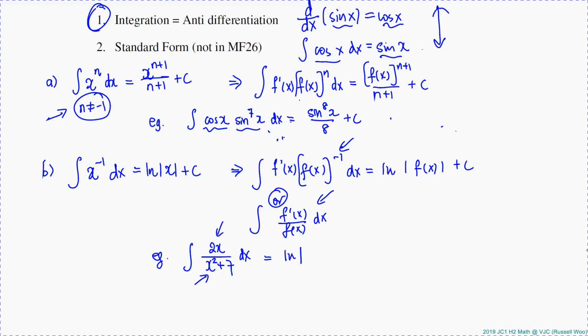You get ln of x squared plus 7. Now in this example, I can simplify it a little bit more. Because x squared plus 7 is always positive, I don't need mod. But you need to justify that since x squared plus 7 is positive for all x.